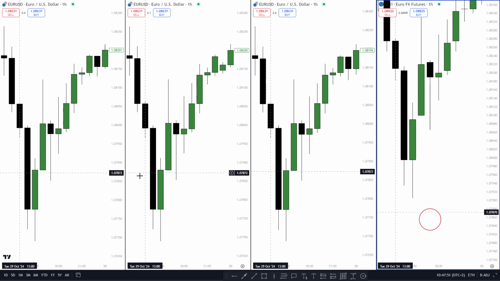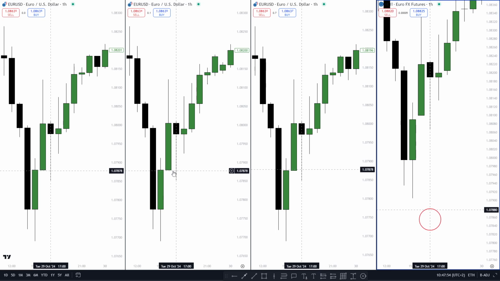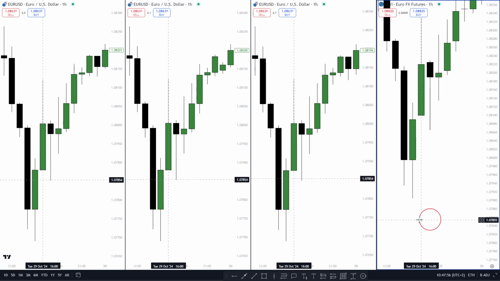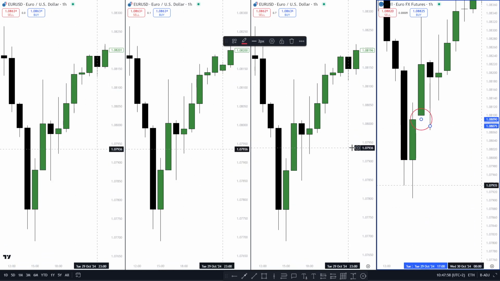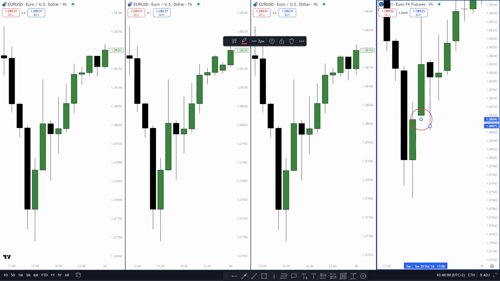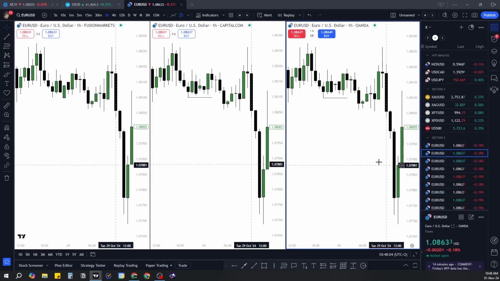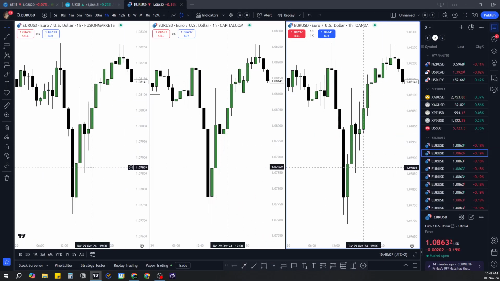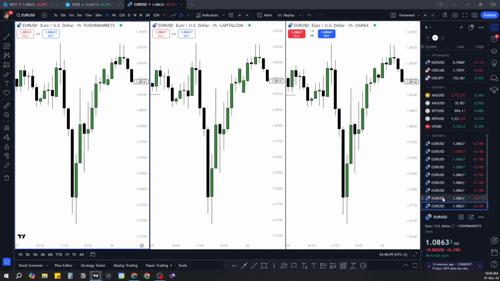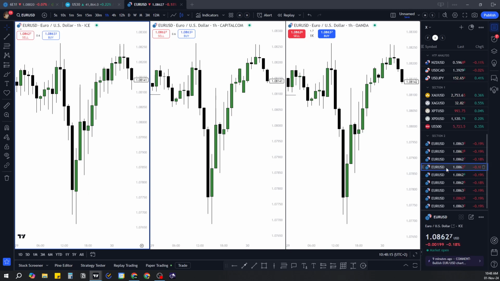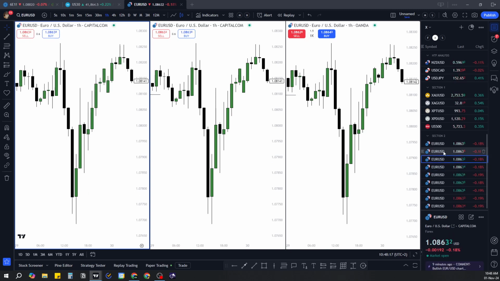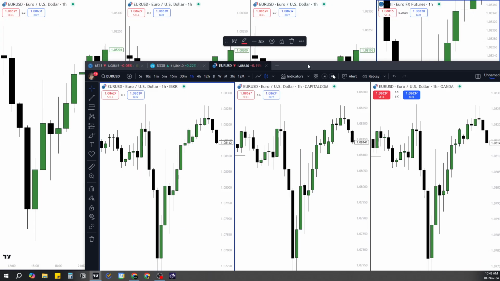And here you can see that it's just a low. So that's something to notice. Like on all the brokers, we don't see that. Okay, you see? There is no broker that displays a gap, like a real gap.